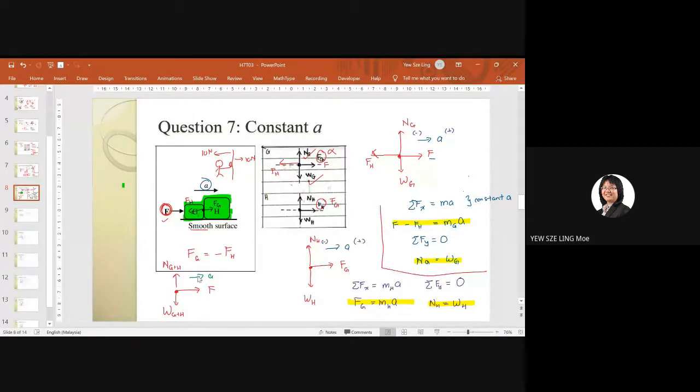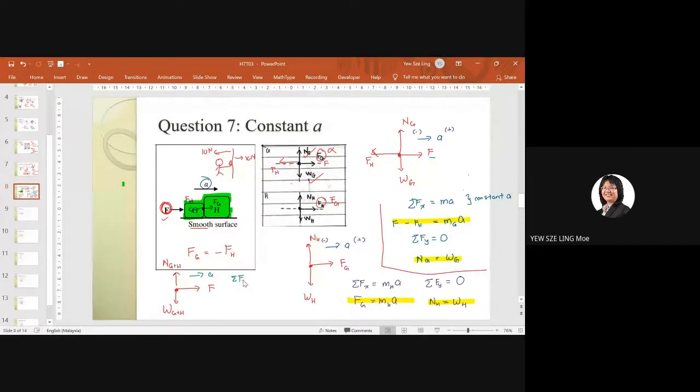So in this case, what am I going to do? Now I can form an equation for the X component, summations Fx equals to M. But now because I'm treating G and H as one object, therefore M(G+H) A. Okay, and then expanding the equation is just F equals M(G+H) A. So this is the third possibility.